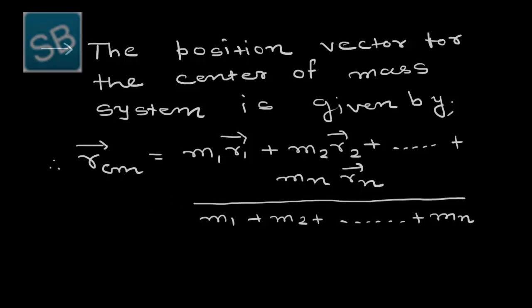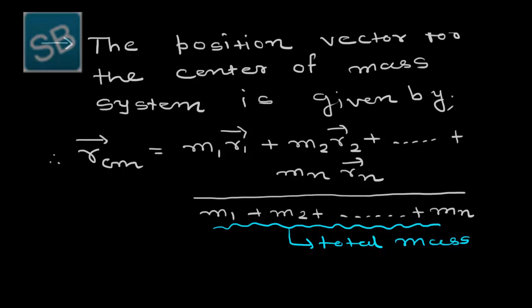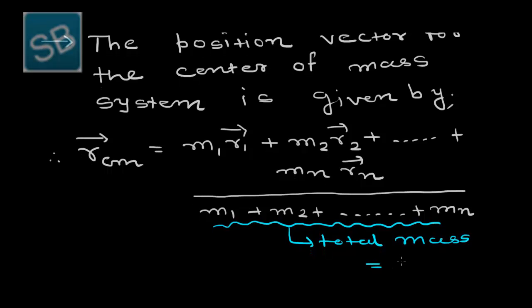But what does the denominator suggest? It is again the total mass of the system, and I am writing this total mass as capital M.